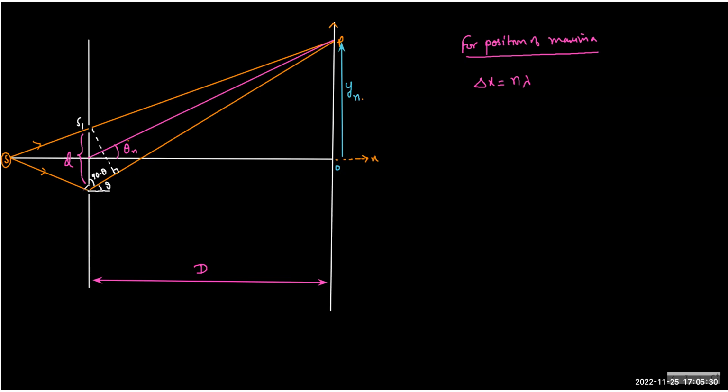This is S1. So here the path traveled by the light from the source is SS2 plus S2P minus SS1.